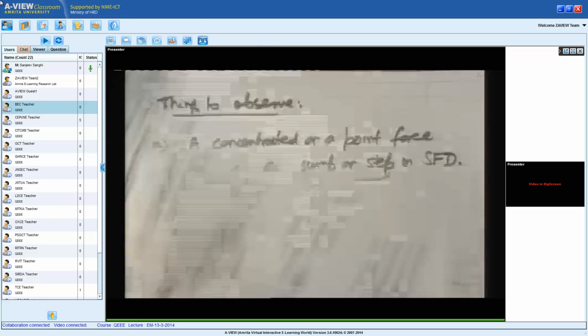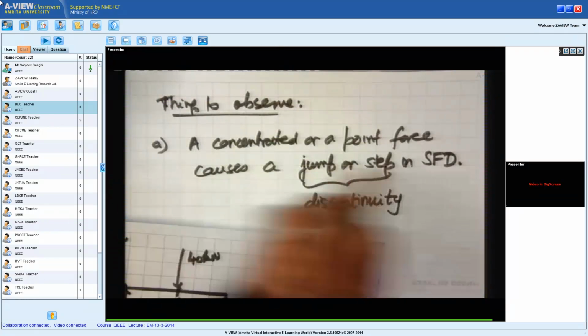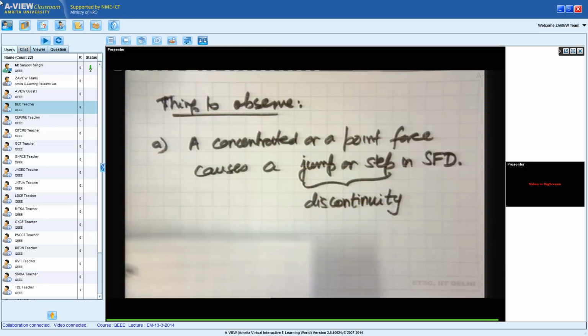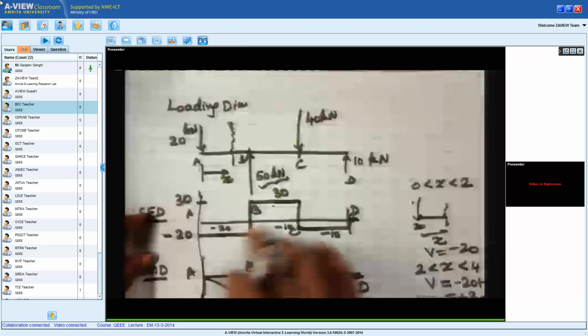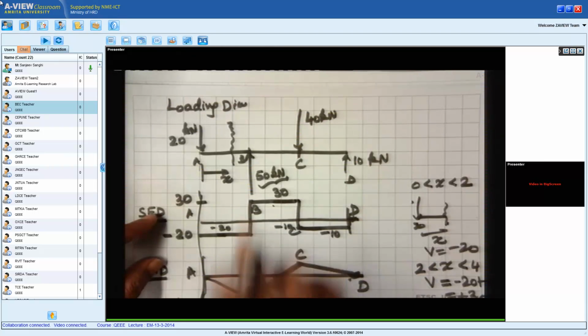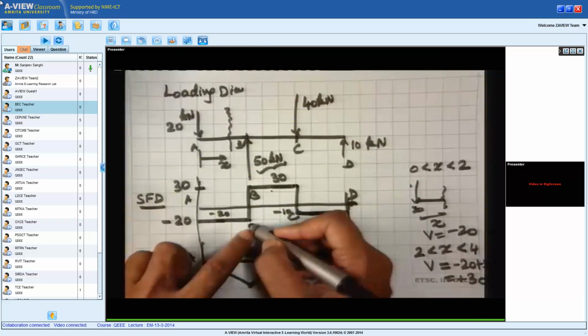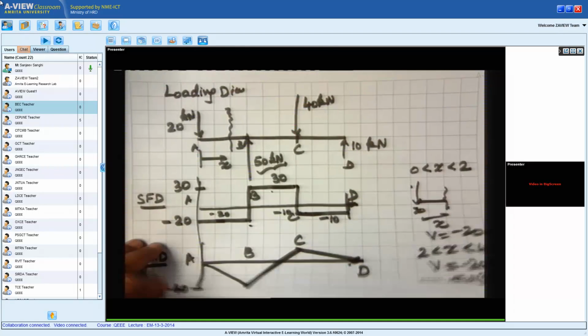And whenever there is a concentrated force acting at a point, the shear force diagram will experience a discontinuity, and you'll see a sudden jump or a drop in the value of the shear force diagram, as at point B and at point C.